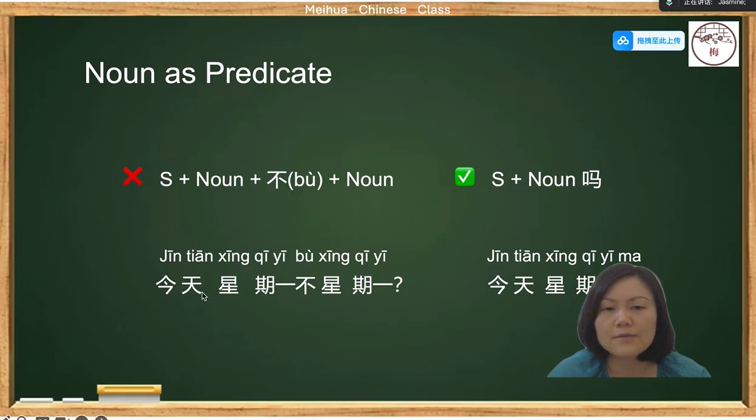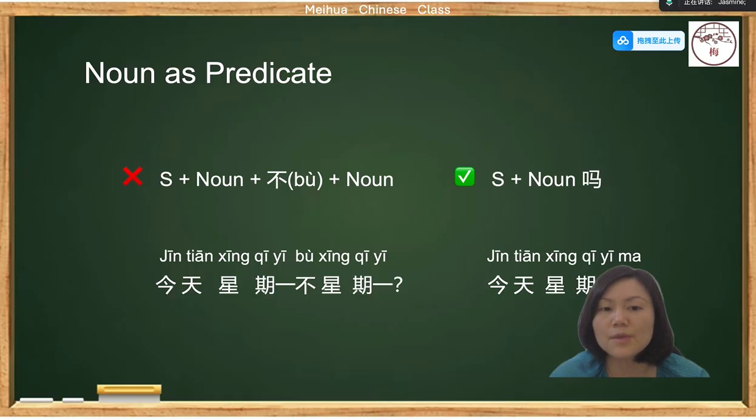For example, 今天星期一. 今天 is the subject, today. 星期一 is a noun, but it's the predicate in a sentence. In English, we don't say today, Monday. We should add a linking verb in between, right?